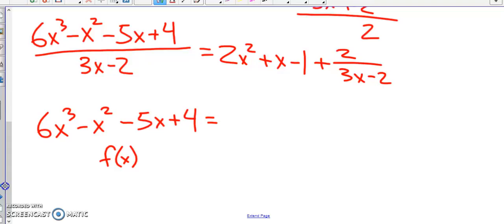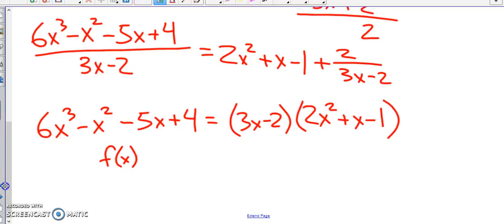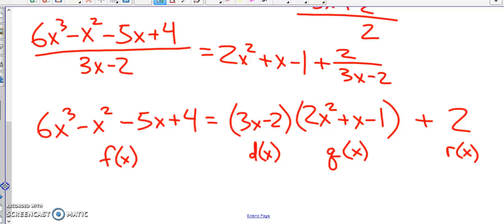Then, when I distribute the 3x minus 2 to the right-hand side, I'm going to have 3x minus 2 times 2x squared plus x minus 1. So that's your d of x, the thing you're dividing by, and that's your q of x, which is your quotient. And then notice if I multiply the remainder part by 3x minus 2, the 3x minus 2's are going to cancel, and I'll just have plus 2, and that's r of x.